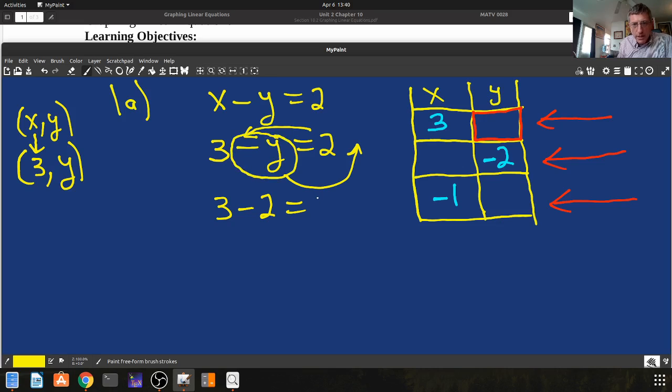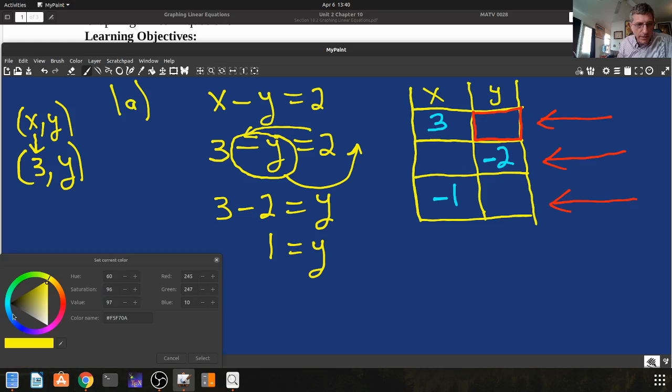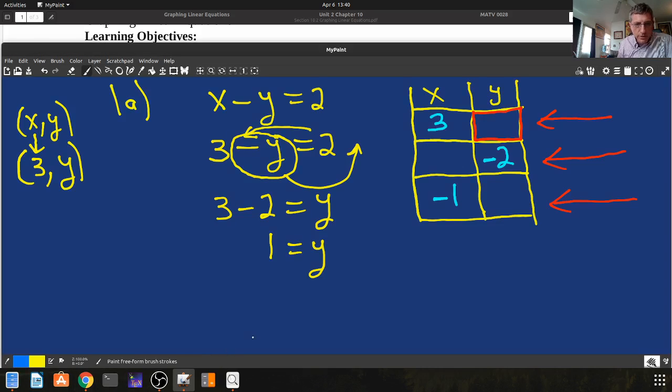Across the equal sign, it becomes plus. So 3 minus 2 is 1. So 1 is equal to y. So I just found the corresponding answer to this row. The corresponding value is 1.